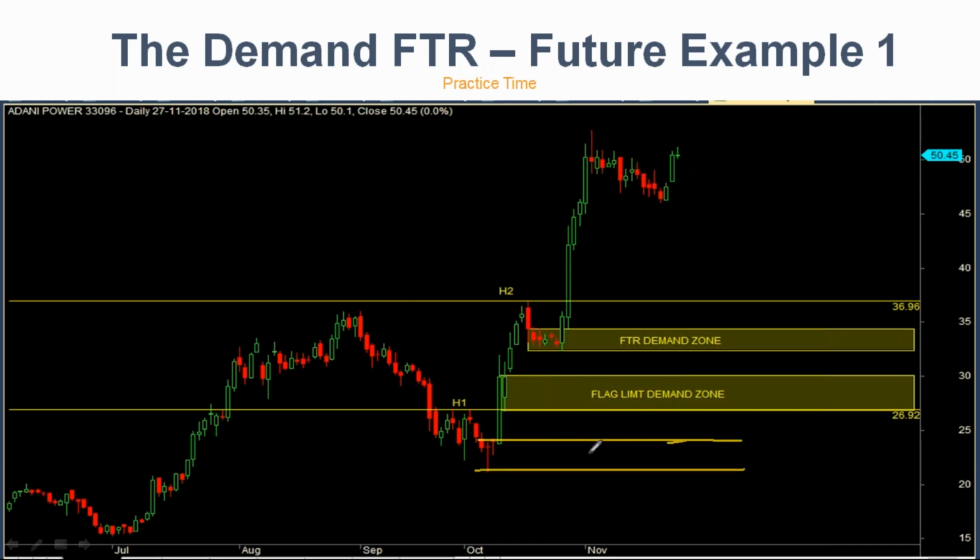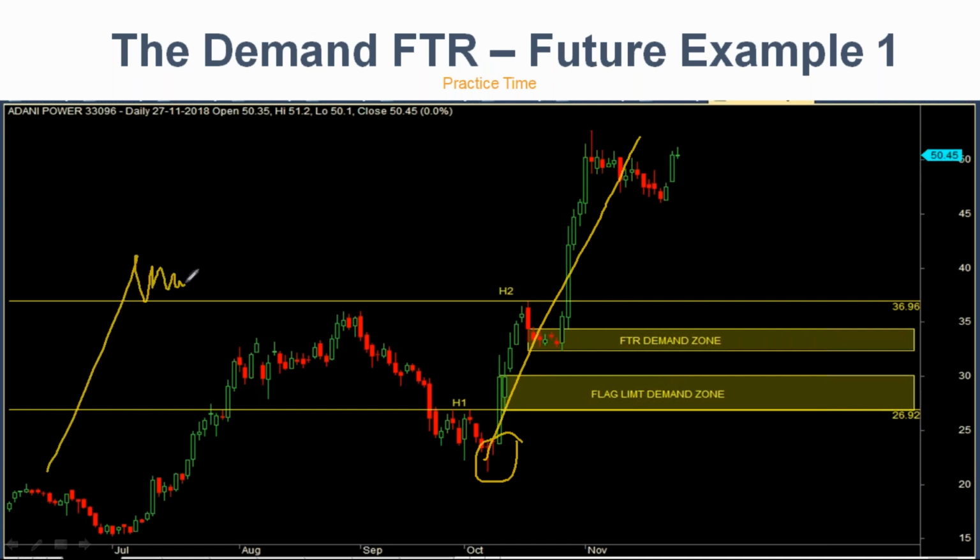Because even in case price comes here, even if it rejects this, it should support here. Why? The strong momentum, base and momentum. What is the origin of the entire journey, friends? Where is the origin of the entire journey? Don't you think this is the origin? What actually is this? Rally, accumulation, rally.